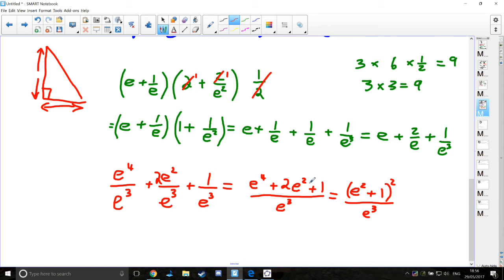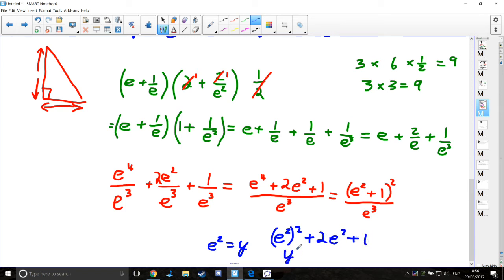Now, it is quite difficult to get to grips and recognize that there. So do feel free to think, well, I've got an e squared, e to the 4. Why not make e squared equal to y? And then this is e squared squared. So you have e squared squared plus 2 lots of e squared plus 1.